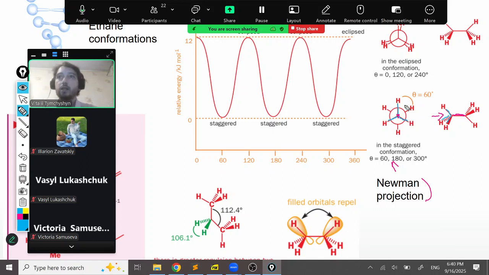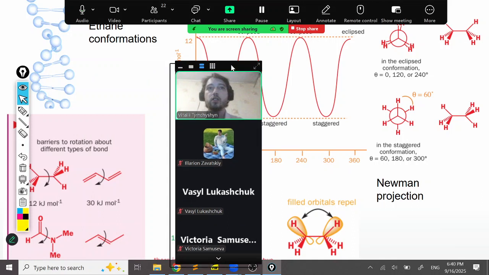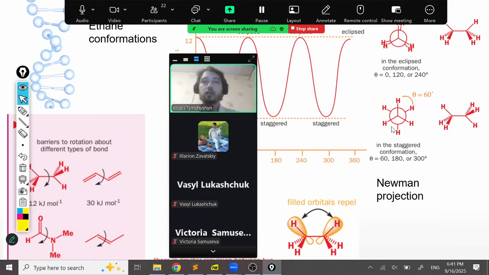Then they schematically draw some sort of circle just to make a difference between hydrogens that are in front of us and hydrogens that are on the far back. So let me choose another color. Hydrogens on the far back, and here they are on the diagram. So these three. So nothing really special, just a convenient way to designate hydrogens and their position in the case of rotation around a single bond.